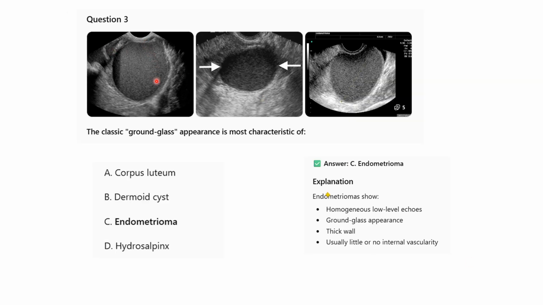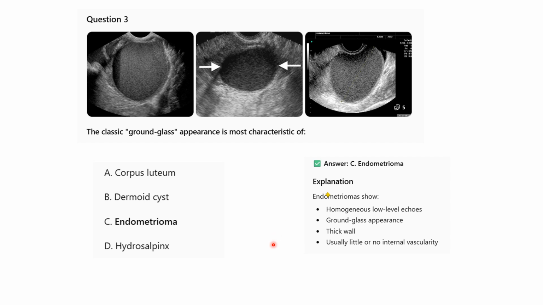Question number 3. The classic ground glass appearance is most characteristic of. So this is the ground glass appearance that we have in this cyst there. A. Corpus luteum. B. Dermoid cyst. C. Endometrioma. D. Hydrosalpinx. So the correct answer is C, which is an endometrioma.